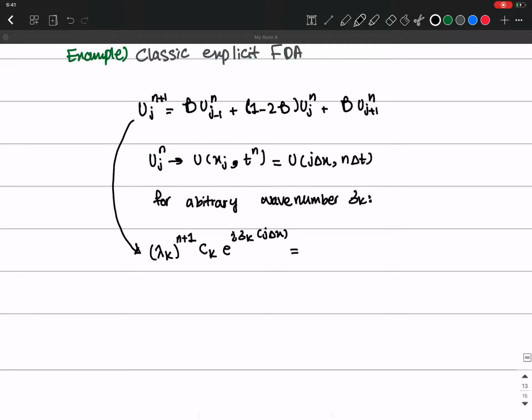So now I want to substitute those definitions here.